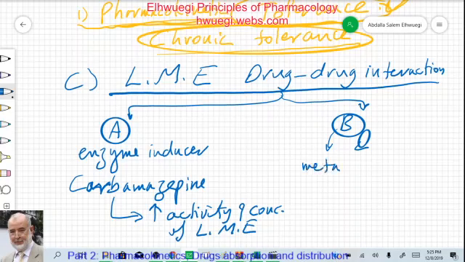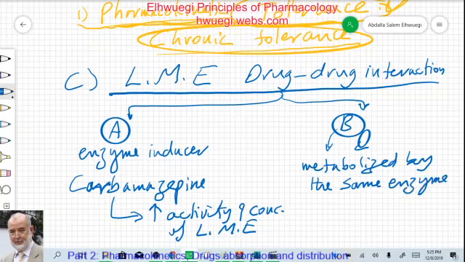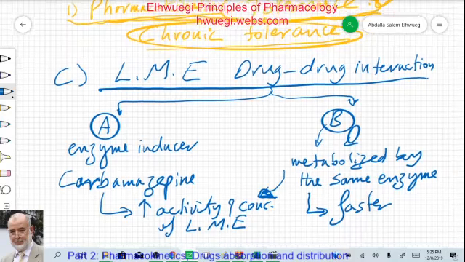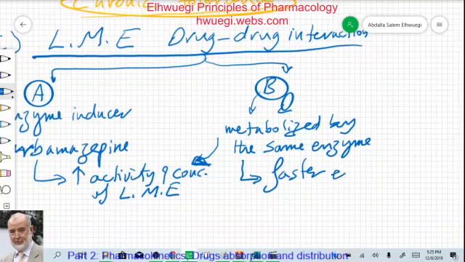So what will happen? Drug B is metabolized by the same enzyme of drug A. Drug B will find a higher concentration of the enzyme and higher activity. So what will happen to drug B? It will have faster elimination because it will be metabolized faster.